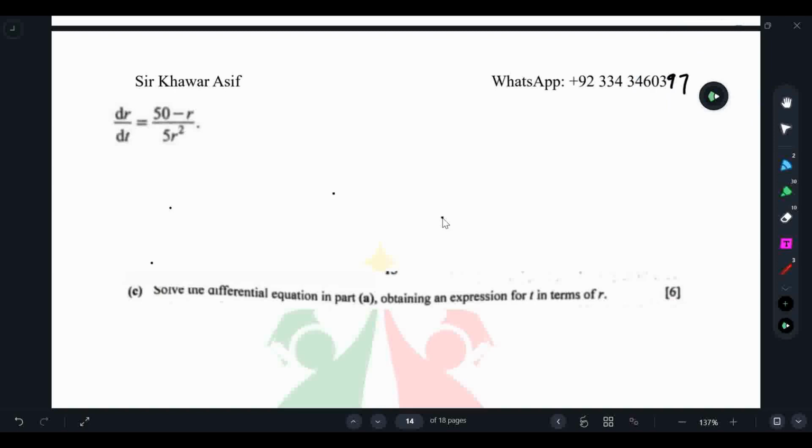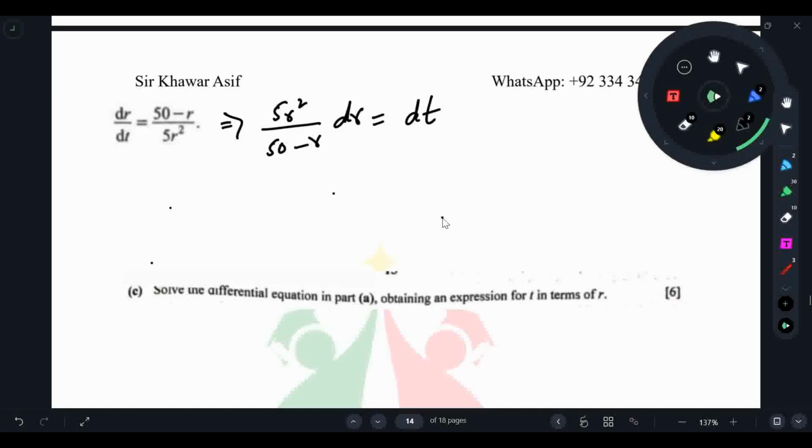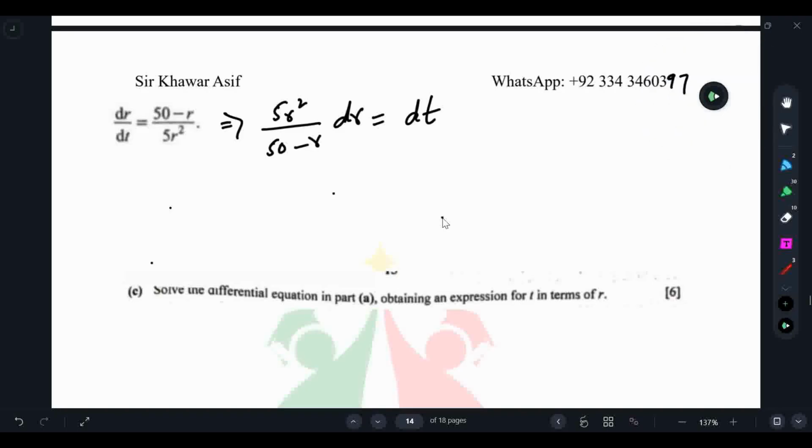So if we rearrange it, this will become 5r squared divided by 50 minus r dr is equal to, we need to separate the variables first. Now take the integration, but before integration, we can clearly see that this one is an improper fraction.